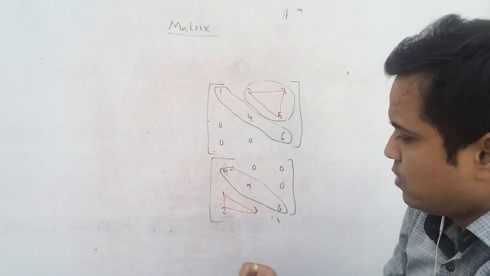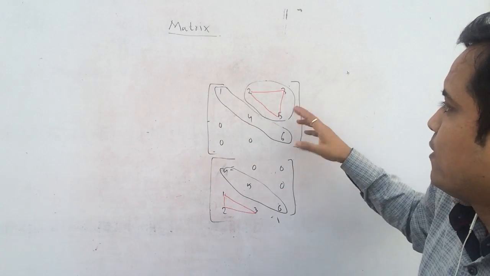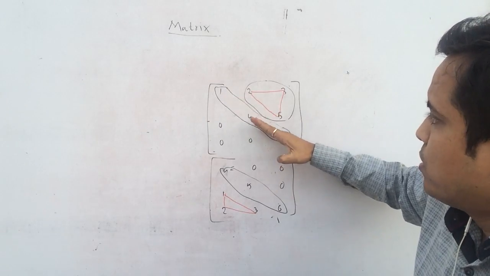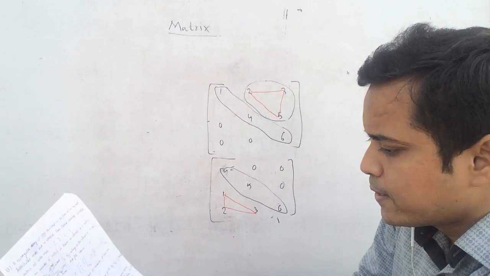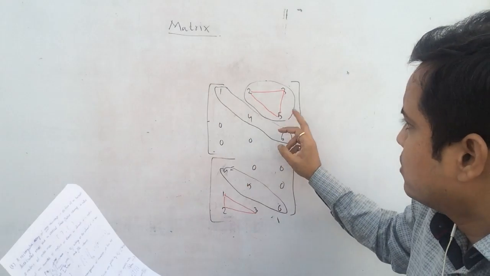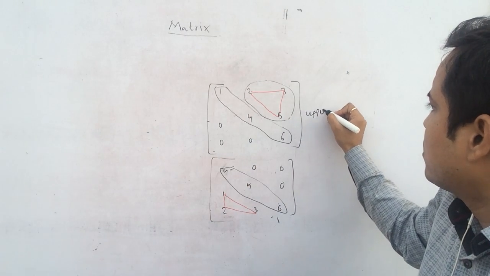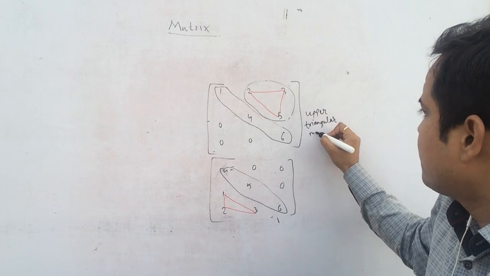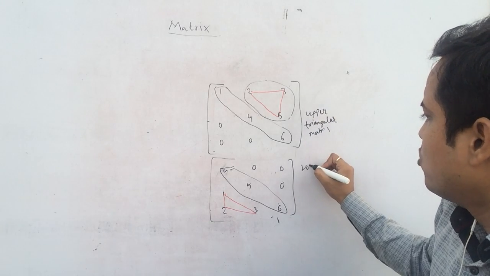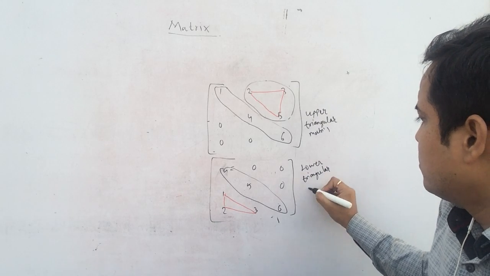So I think now you are able to signify it. This is the upper triangular, this is a lower triangular, isn't it? Write it: upper triangular matrix, and this one is lower triangular matrix.